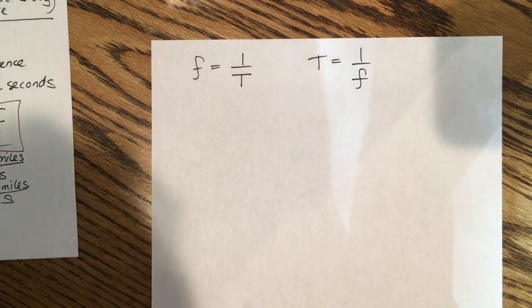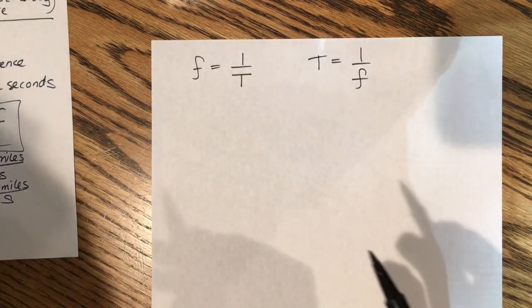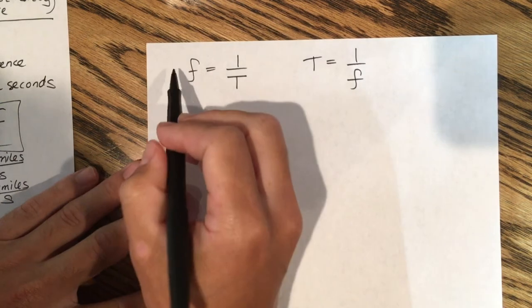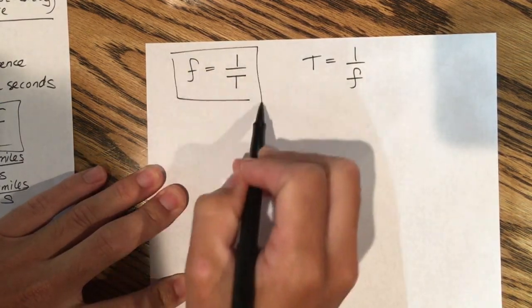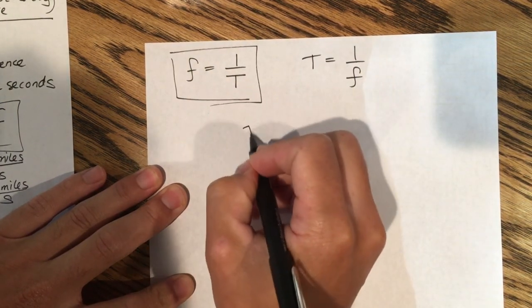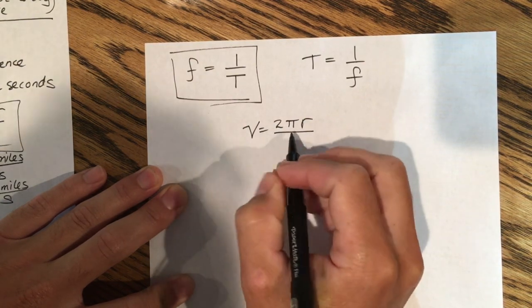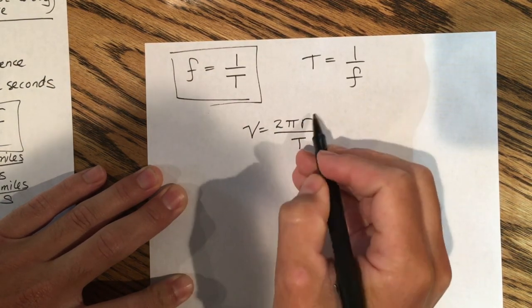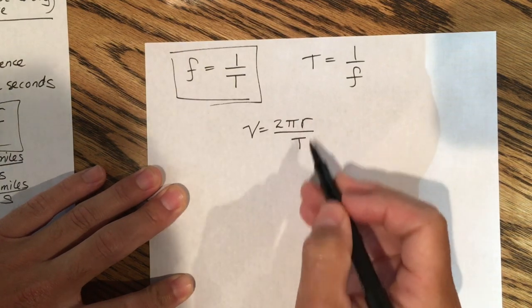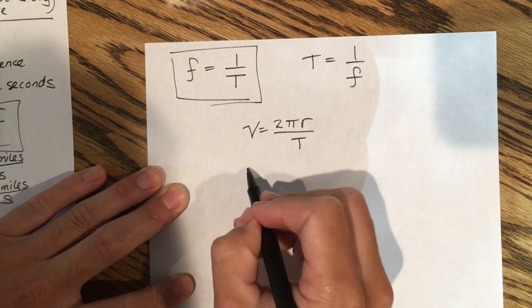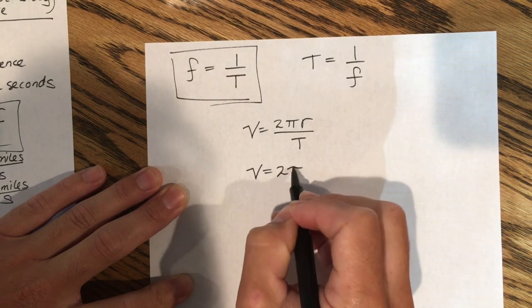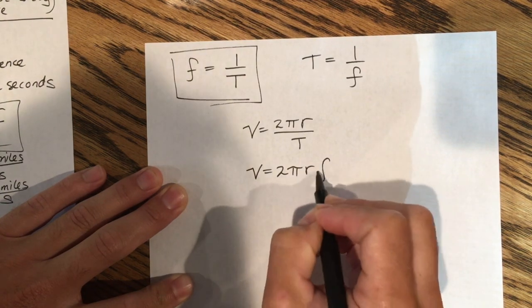The reason I bring that up is because if frequency is equal to 1 over the period, and we look back at our formula, velocity is 2 pi r over t, and this is really 1 over t, or 1 over the period. So really then velocity is equal to 2 pi r times the frequency.